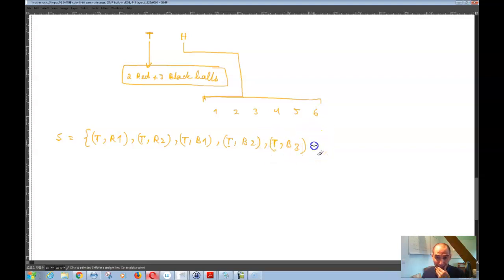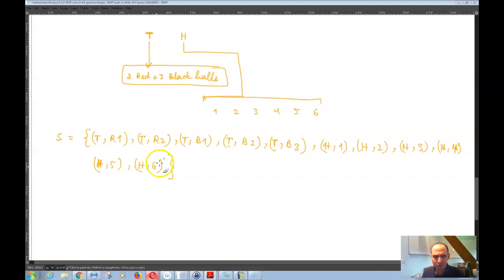And then you have heads with 1, heads with 2, heads with 3, heads with 4, heads with 5, or heads and then 6. So I suppose that's the answer here, number 15.